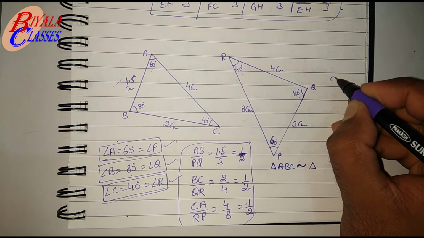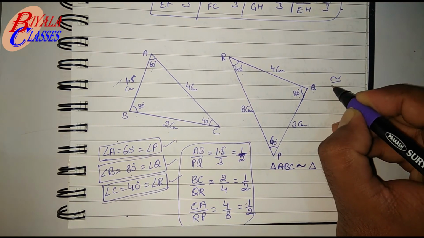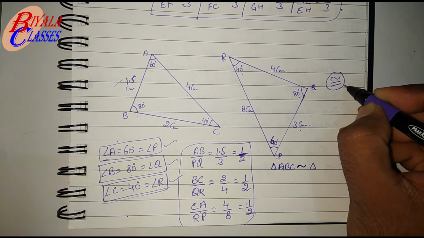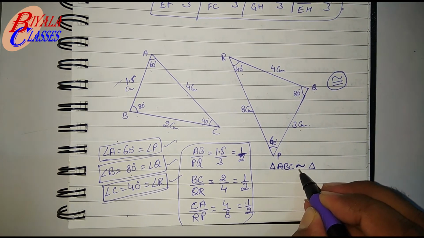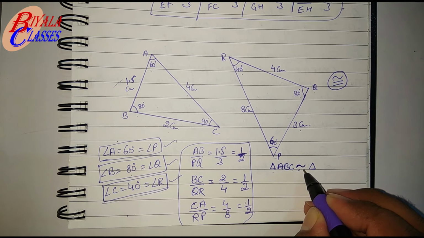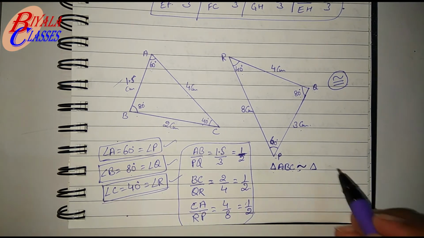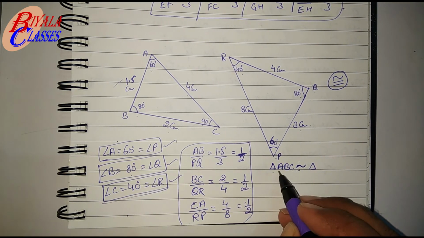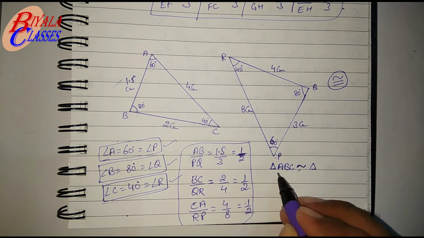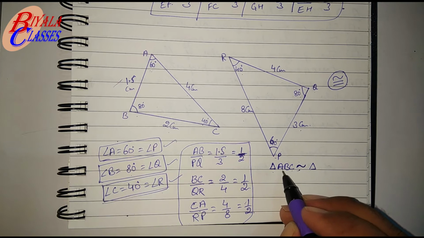If you put the sign of equal to along with this, then it stands for congruence. This is congruence, whereas this one is meant only for similarity. So triangle ABC is similar to triangle... which triangle will it be? We have to write it in such a way that the corresponding parts are matched.